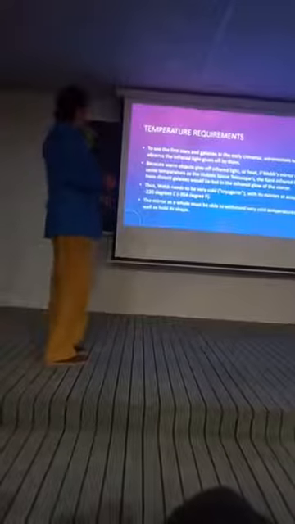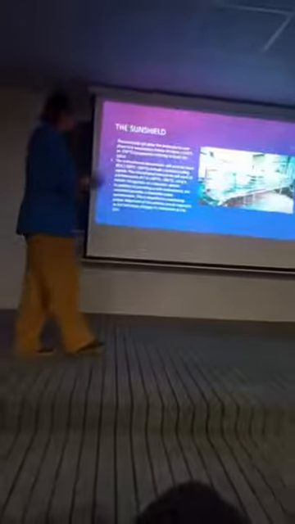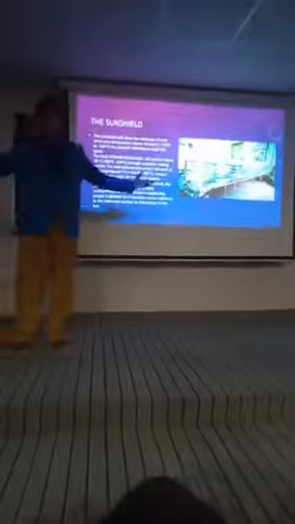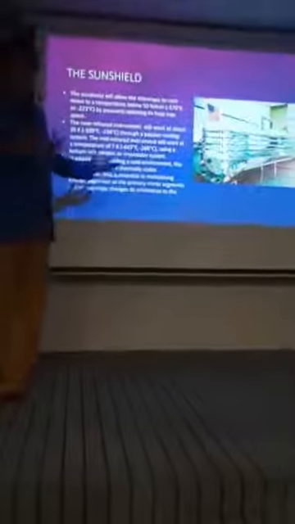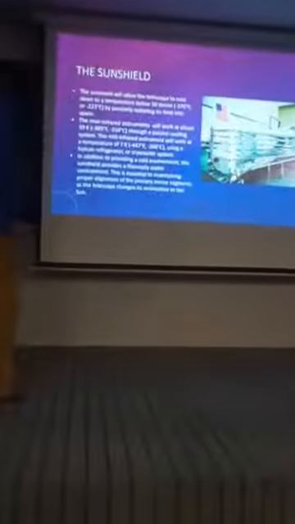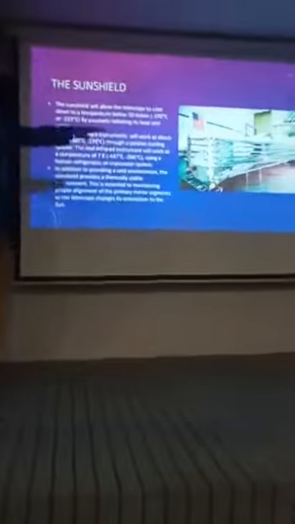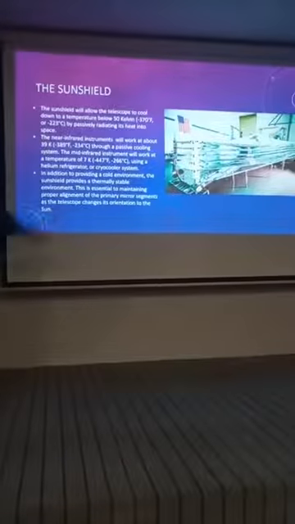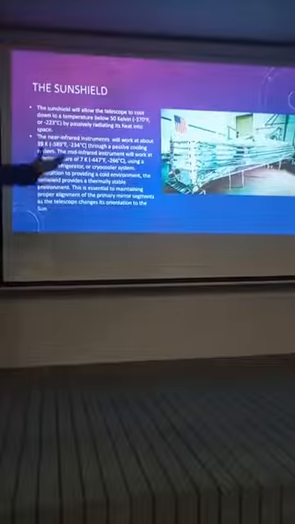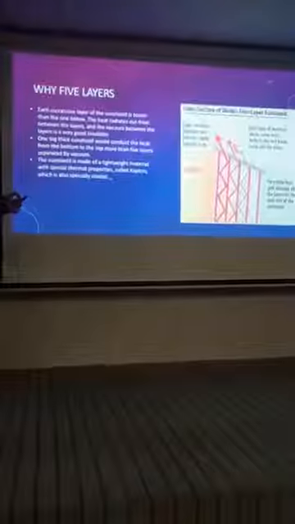So, next slide. The solution is actually very simple. You put a sun shield between the telescope and the sun, or the source of heat. And we decided, okay, we need 5 different layers, and I'll talk about how they work. Create a sun shield.